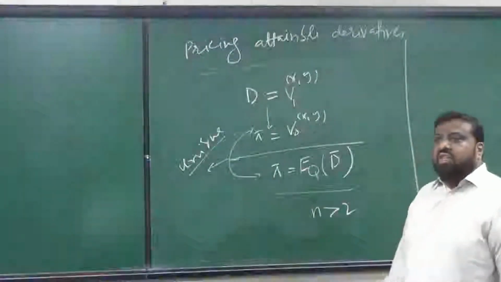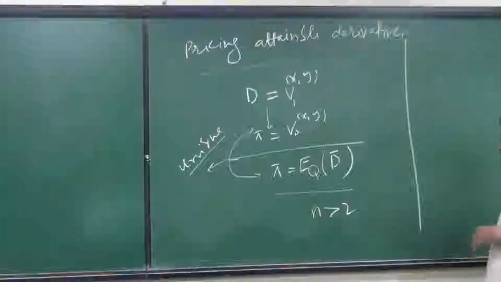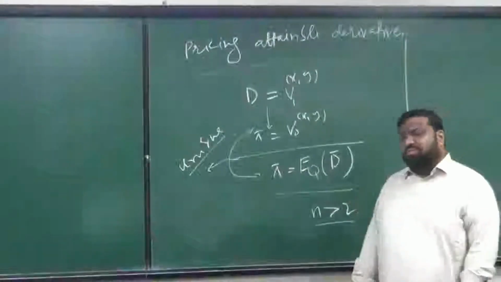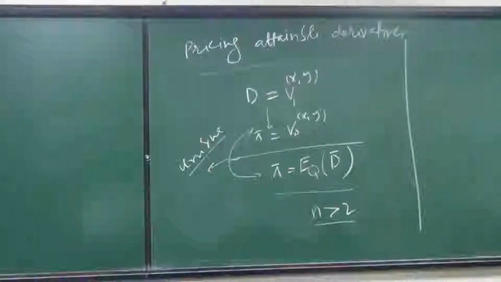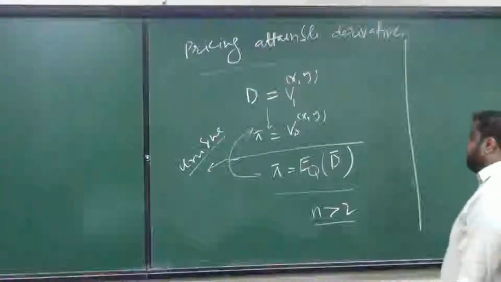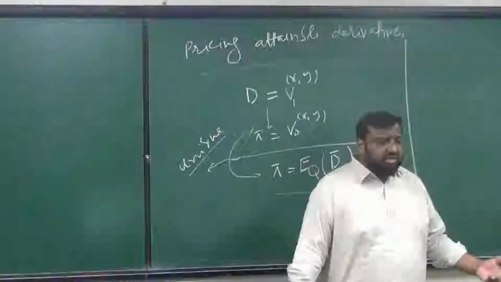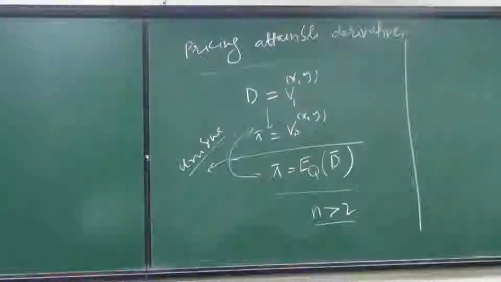In other words, there are going to be derivatives which you can't price uniquely. If you can't find a unique price of a derivative, or you go with multiple scenarios and a single stock, then what should we do?